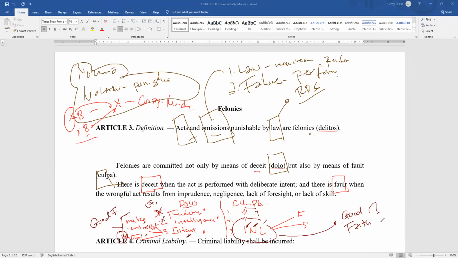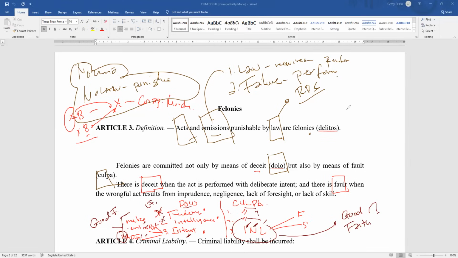But his speed at that time, while he was driving his motor vehicle, was 35 kilometers per hour. And he hit a pedestrian. So ang tanong, is he criminally liable? Sabi ng defense counsel, acting in good faith, not criminally liable.